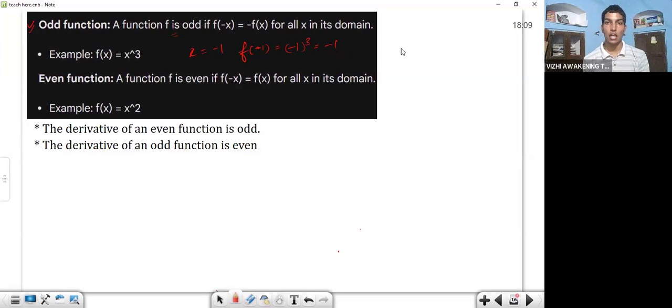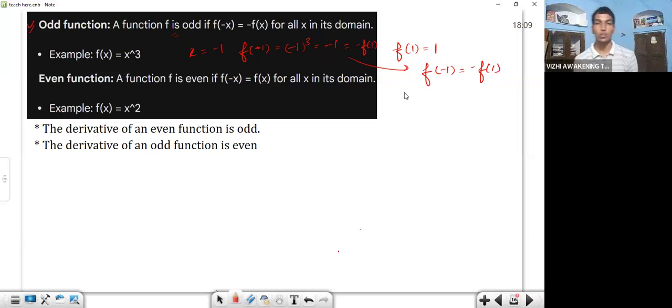Otherwise, if we had put +1 into the function, it would have been equal to 1. So we can replace 1 with f of 1. So in this case, f of -1 is coming out as minus of f of 1. So this is an example of an odd function, and this condition should be satisfied for all values of x in its domain.